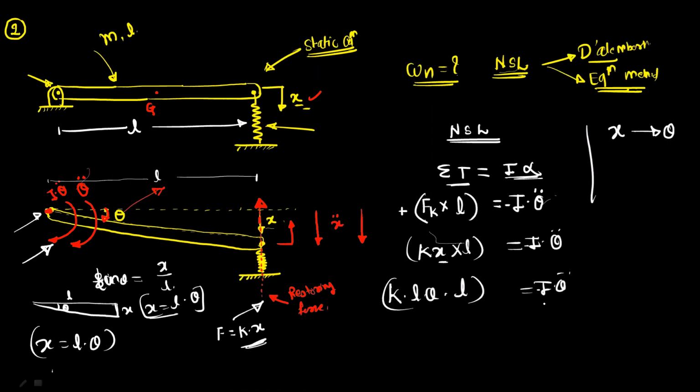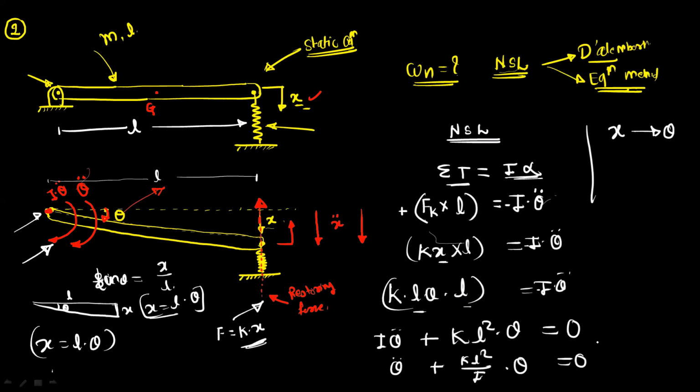Just rearrange the terms. It becomes I theta double dot on the left hand side plus K L square into theta equal to 0. So theta double dot plus K L square upon I into theta is equal to 0. These equations represent the equation of motion.